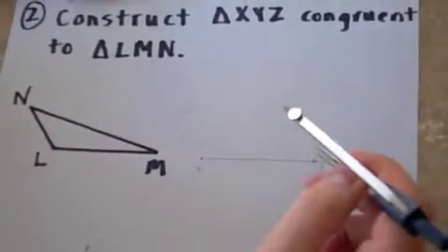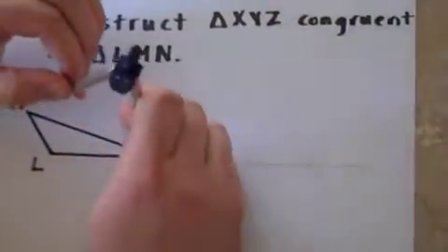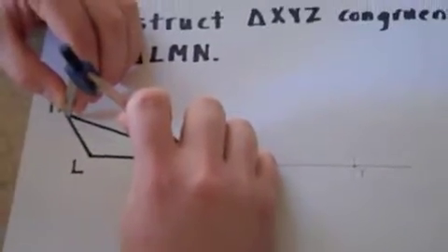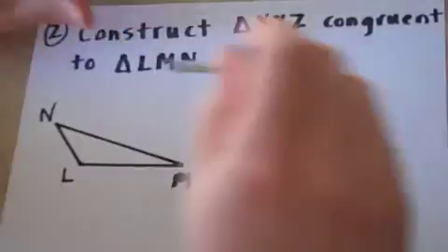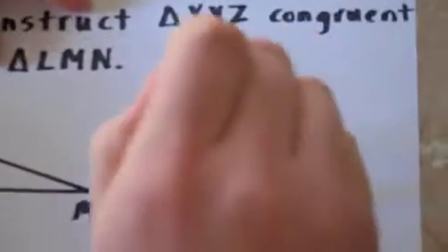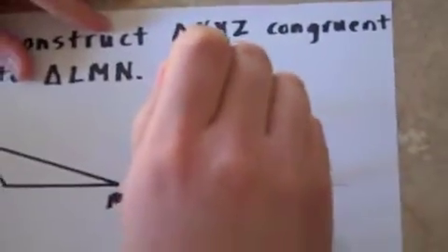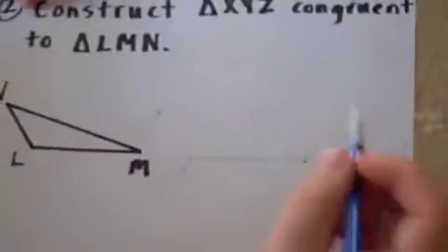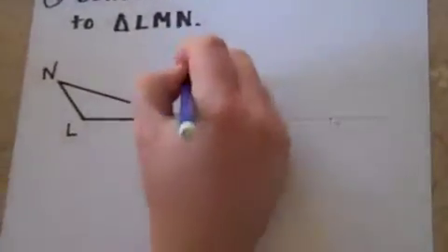It's going to be our measurement from Y to Z. We put the point on M and measure out to N. Take that measurement over, put it on Y, and make an arc that intersects with that last arc that we made. Finally, you want to label that point Z.